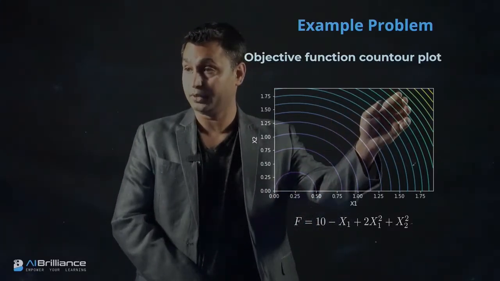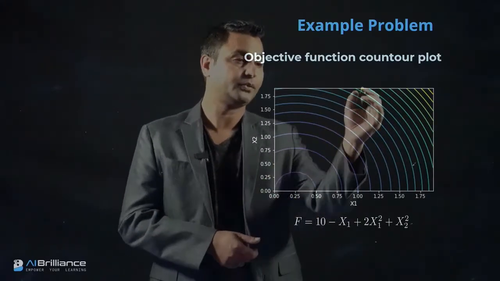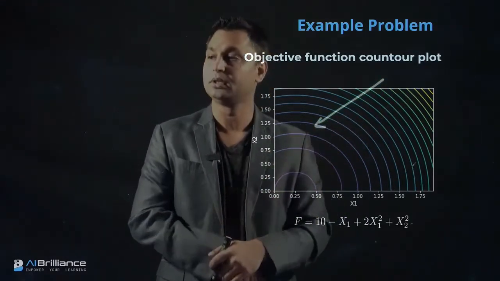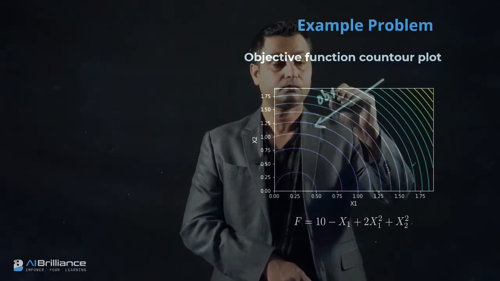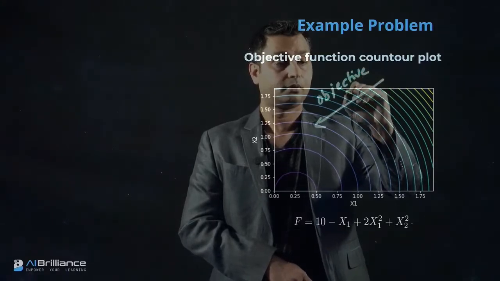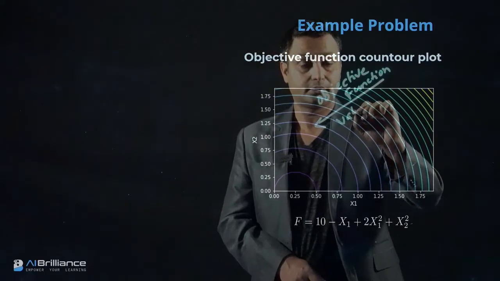So if you come from here, the objective function value is high. If you're coming in this direction, the objective function values are decreasing. So in this general direction, the objective function values are decreasing.